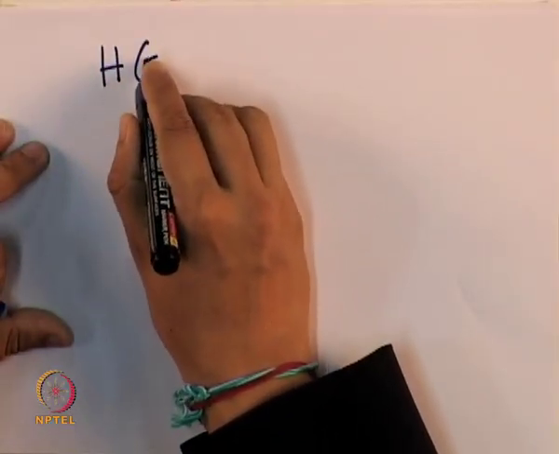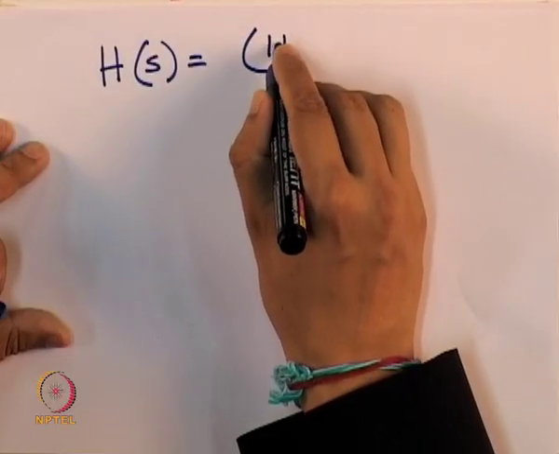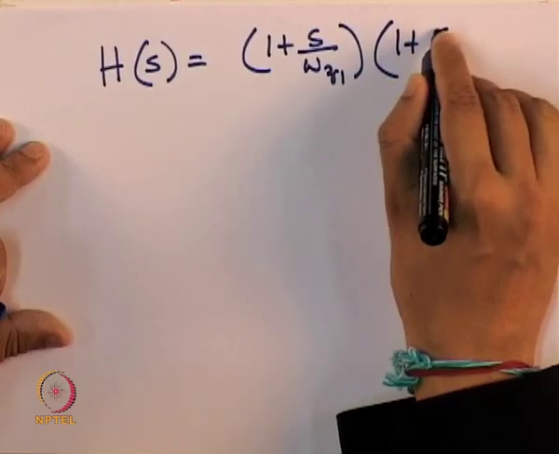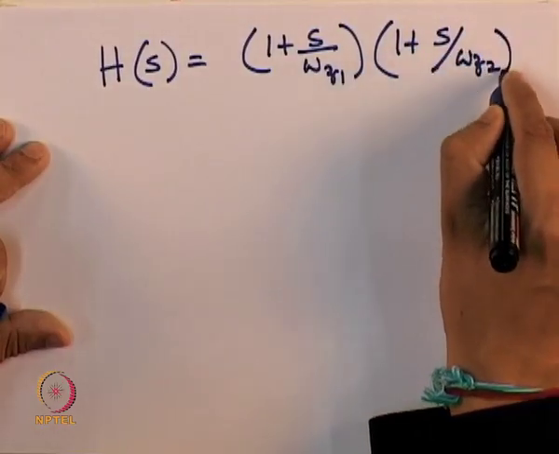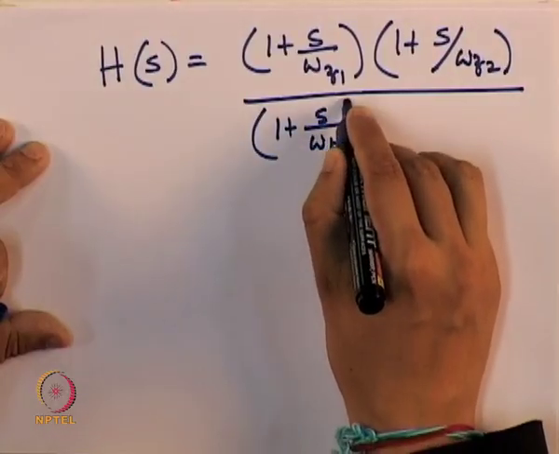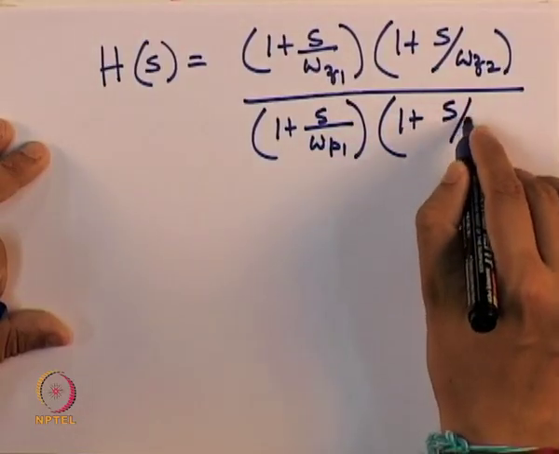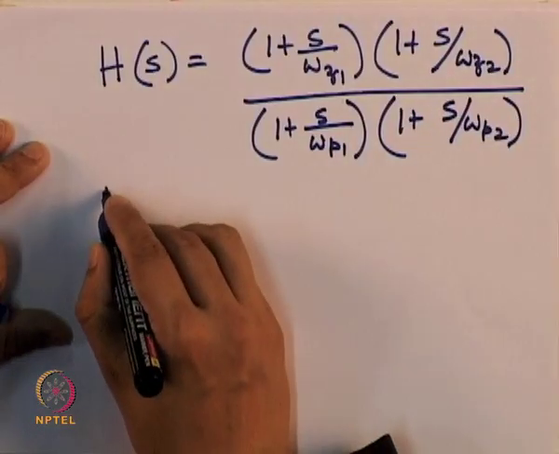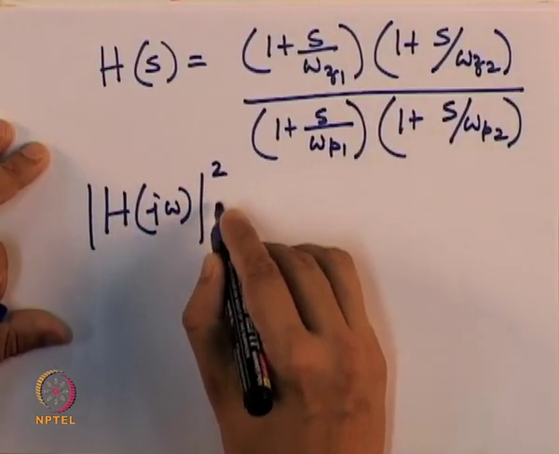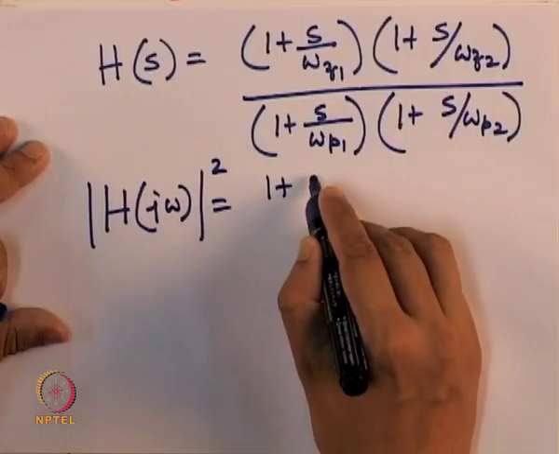Just like the previous case, if we have a transfer function with just 2 zeros and 2 poles, and then find out the magnitude square of the transfer function, we will get something like this.